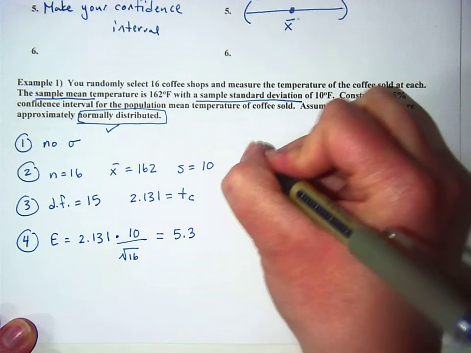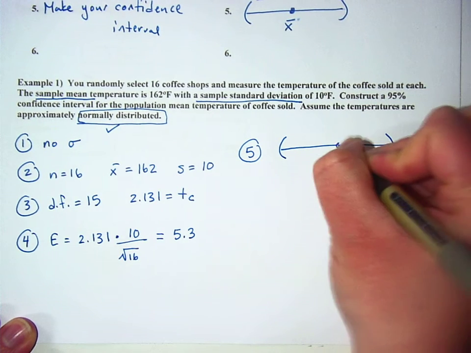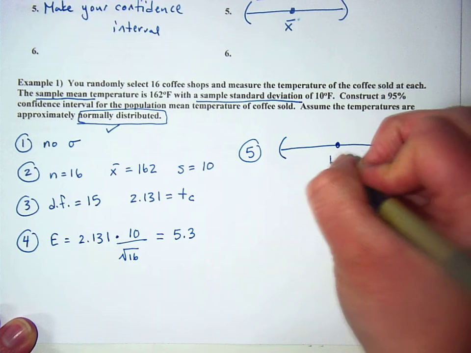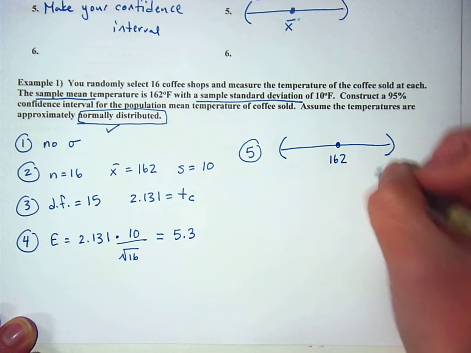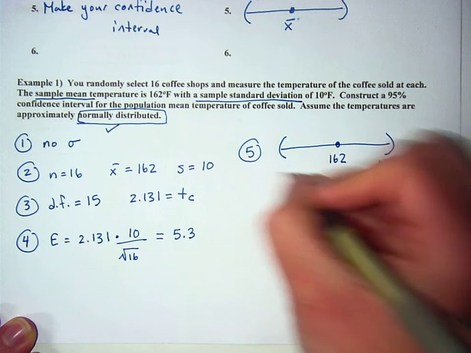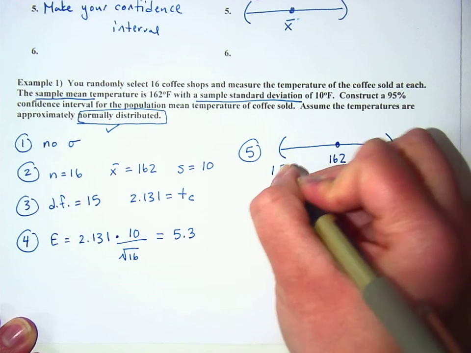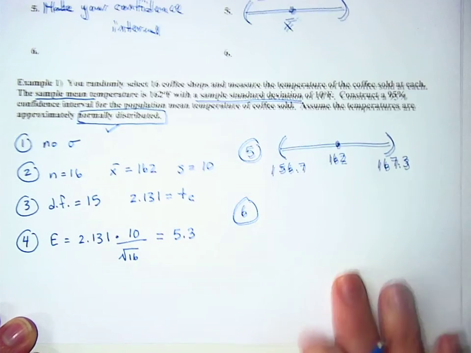So number 5, I've got a confidence interval like this, and my middle number is that X bar, which is 162 degrees Fahrenheit. Then I add 5.3 on one side to get 167.3 and subtract 5.3 on the other side to get 156.7.